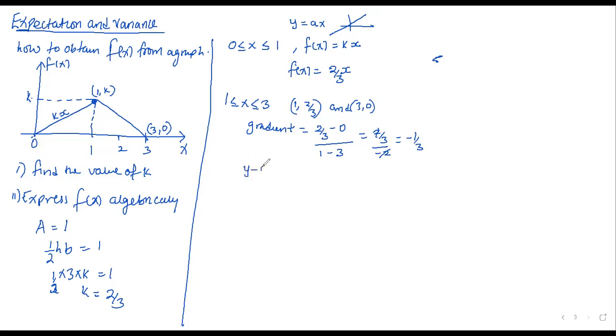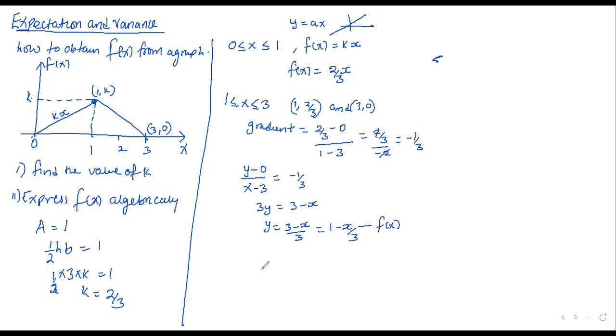y minus 0 over x minus 3 is equal to negative a third. This will give me 3y is equal to 3 minus x. y, when you make it the subject, becomes 3 minus x over 3, which ideally is 1 minus x over 3. But remember, y is a function in terms of x.